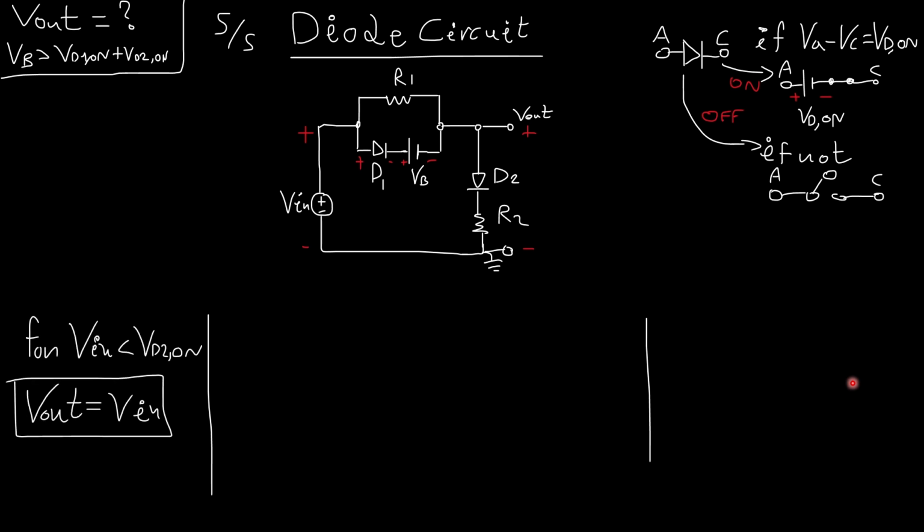So very briefly to sum up, for Vin lower than Vd2 on, both of the diodes are off and Vout is going to be equal to Vin.